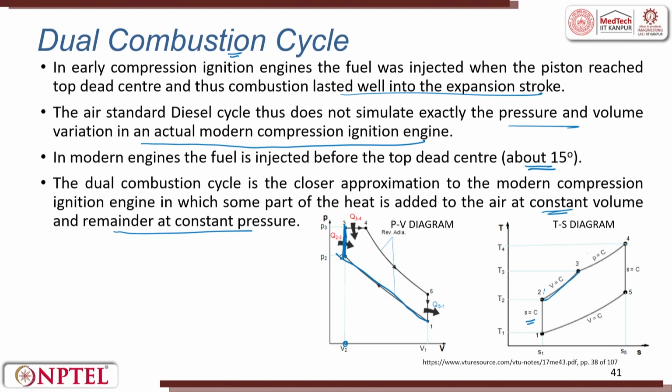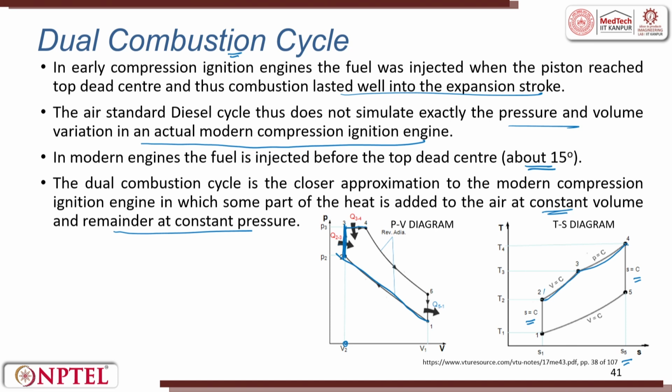Then from 3 to 4 where I maintained a constant pressure, you can see again there is an increase in entropy and the temperature. 4 to 1 you can see the entropy is constant. So, 4 to 5 there is an expansion which is happening.